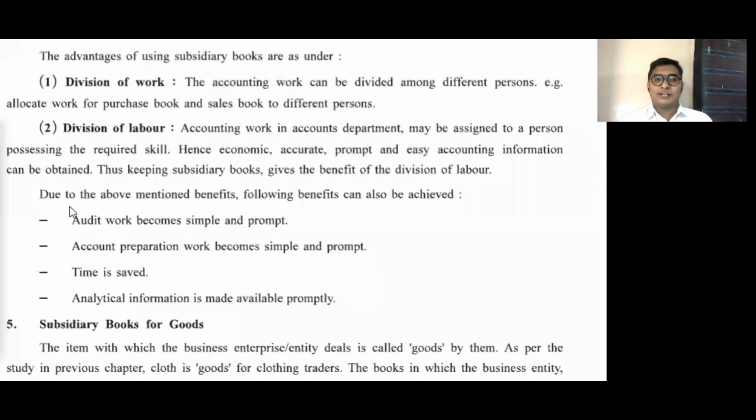Audit work can only be done by a chartered accountant. So audit work becomes simple and prompt. Second, account preparing work becomes simple and prompt. Not only for chartered accountants, but for a normal accountant, preparation of books becomes simple.